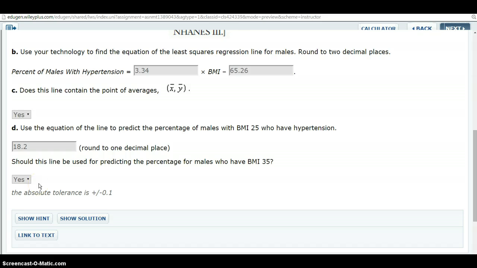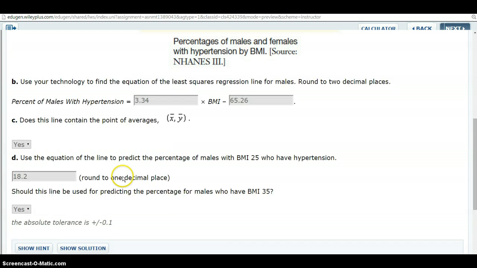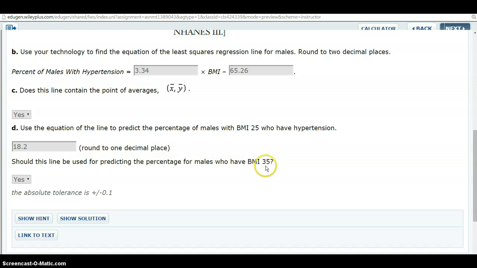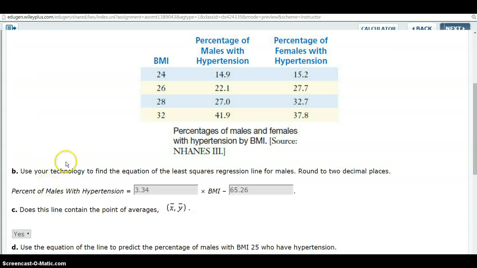Again, this is the type of question that I give extra points at the end of the course to account for, because there is some subjectivity here. Certainly it would be okay for predicting anything within this range. Certainly it would not be okay for things like BMI of 10 or BMI of 50, 60, way beyond our data range. This one's just above, so we're going to allow it in this case, although I think no is also a defensible answer because 35 is outside of this range.